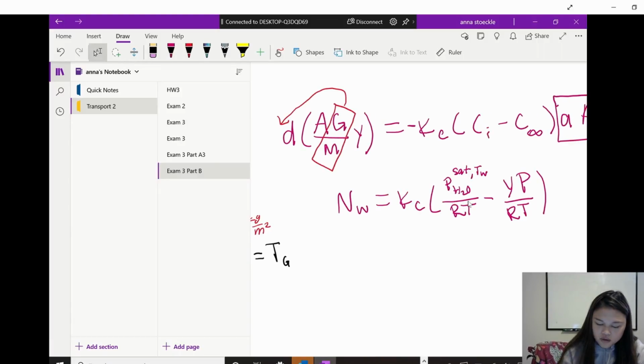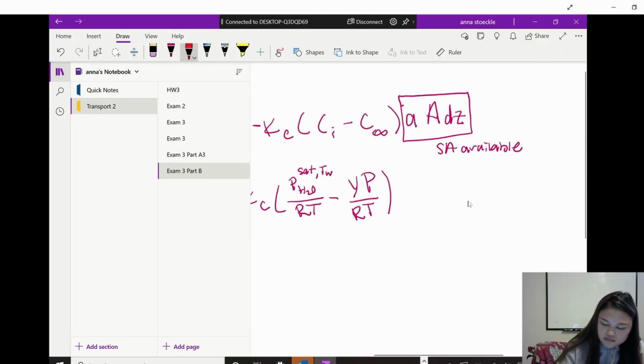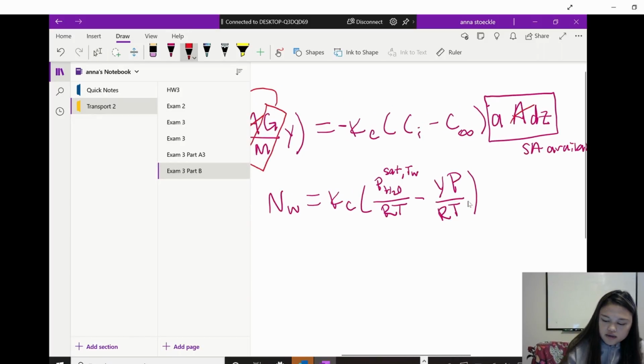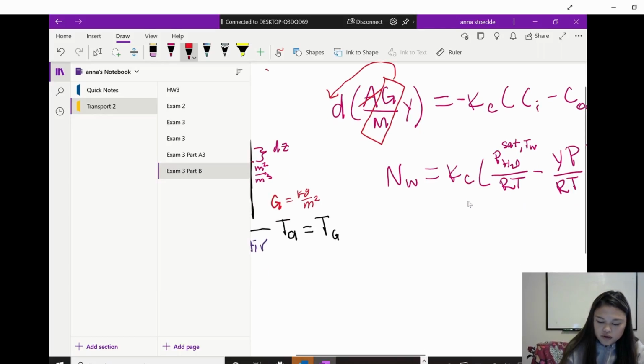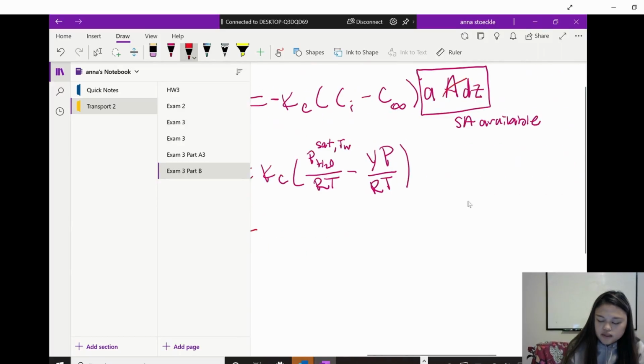So what's going to happen is these areas are going to cancel, and I'm going to move this dz over with the dy because we are going to pull out this gas flow rate and the molecular weight out in front, like we talked about before. So that's going to give us dy over dz with that negative sign. Don't forget about the negative sign.